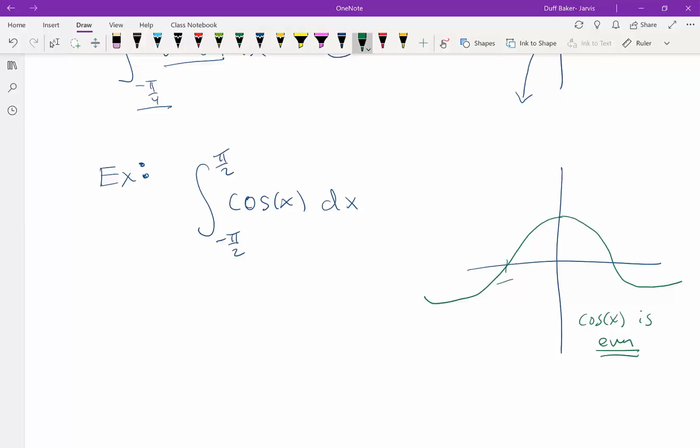And so minus pi over 2 is over here. Pi over 2 is over here. And if I think about this in terms of two areas, if this was a perfect drawing, there's this area on the right-hand side, and then there's this area on the left-hand side. And these would be the same areas, right? Because it's supposed to be symmetrical.